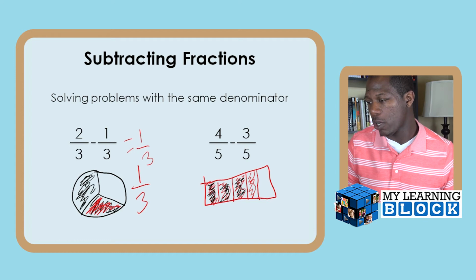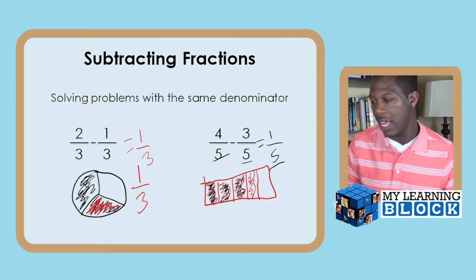And then at the end, we find out how many reds are left. As you see, 1 out of 5 are still red. This one's white, these 3 are black. So 4/5 minus 3/5 equals 1/5. Notice the denominator stayed the same. It was really 4 minus 3.